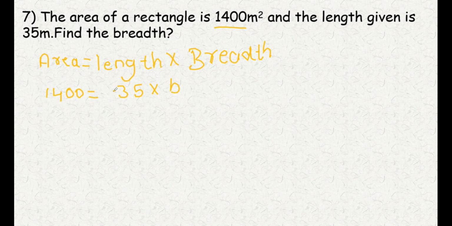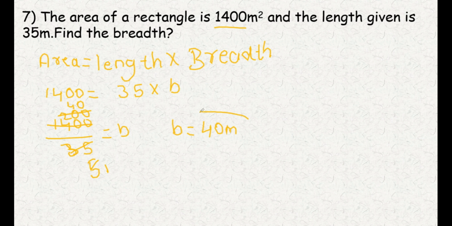Now if 35 goes that side, it becomes 1400 by 35 is equals to b, which means 35 fours are 140, 7 fives are 35, which means the breadth is equals to 40 meters.